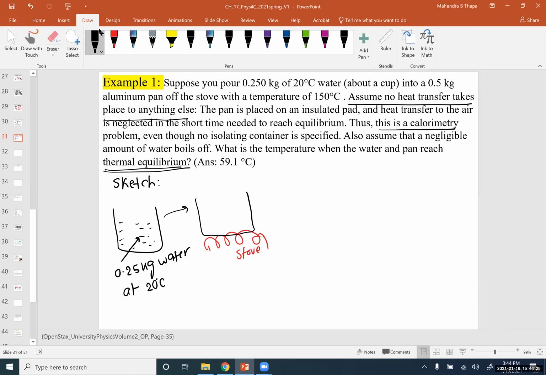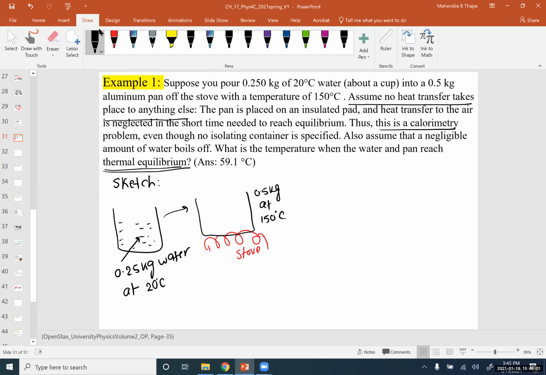So this is 0.5 kilogram at 150 degrees Celsius. Okay, so this means the water goes here, and it is taken out when the temperature goes to 150 degrees Celsius.